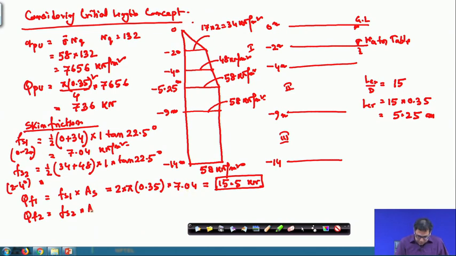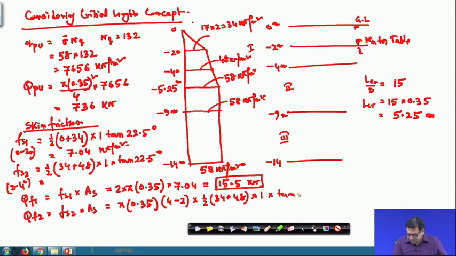And Fs2 into As, that is pi into 0.35, and L is 4 minus 2, and then into Fs, this Fs value is half 34 plus 48, k value is equal to 1 into tan 22.5 degree.